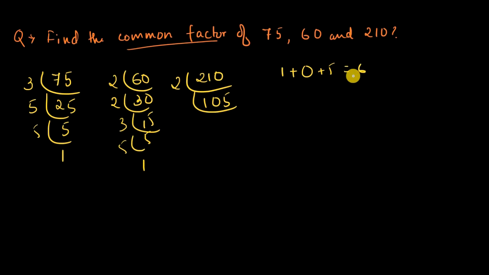It comes out to be 6, which is divisible by 3, so this whole thing will be divisible. So the factors of 210 will be 1, the number itself 210, and 2, 3, 5, and 7.